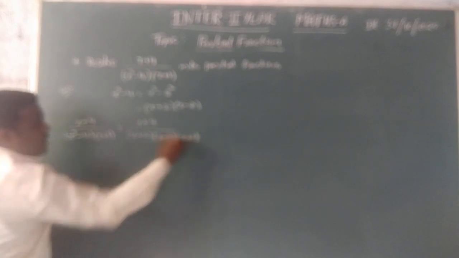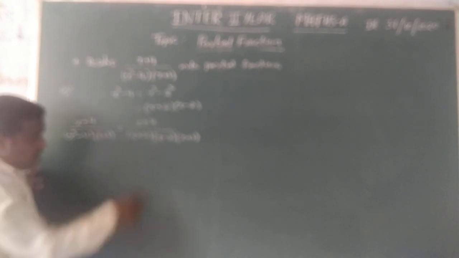Now the given fraction x plus 4 by x square minus 4 of x plus 1 is equal to x plus 4 by x plus 2 of x minus 2 of x plus 1. So g of x contains the product of three linear factors. These linear factors are non-repeated.